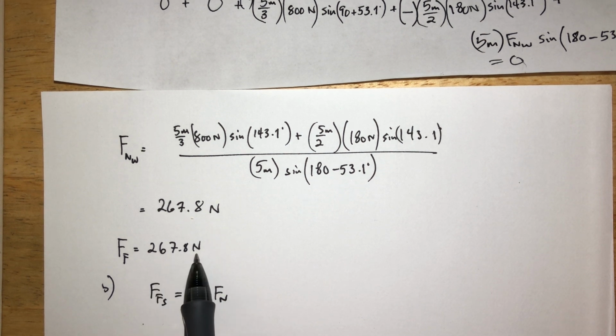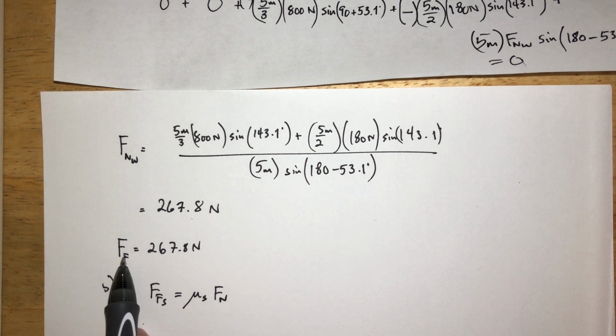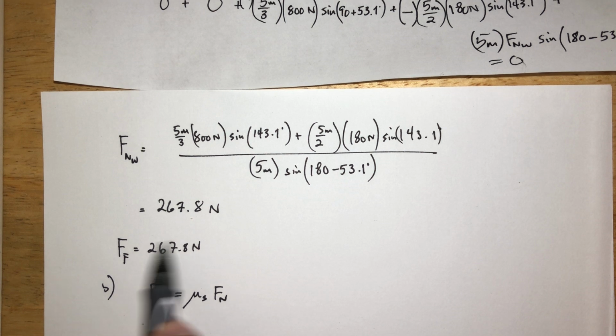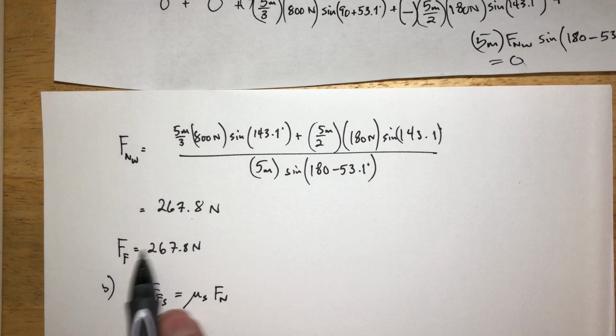It could be bigger than that. In other words, the coefficient could be larger than this. The needs from friction will only be this big in order to keep the ladder stable. But it can't be any smaller. If the effective force of friction is less than this, then it will slide.